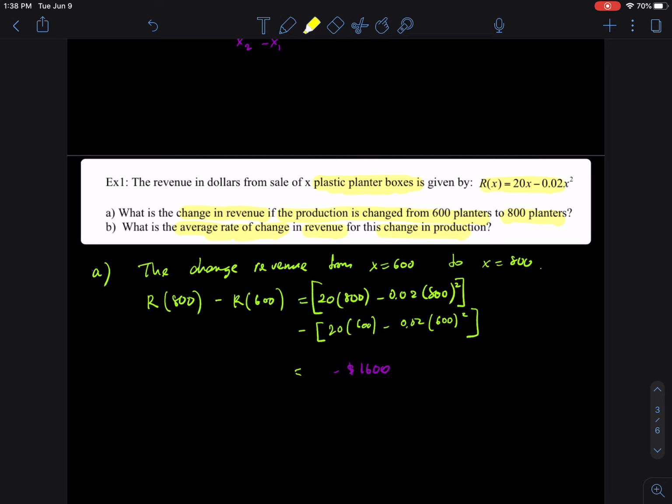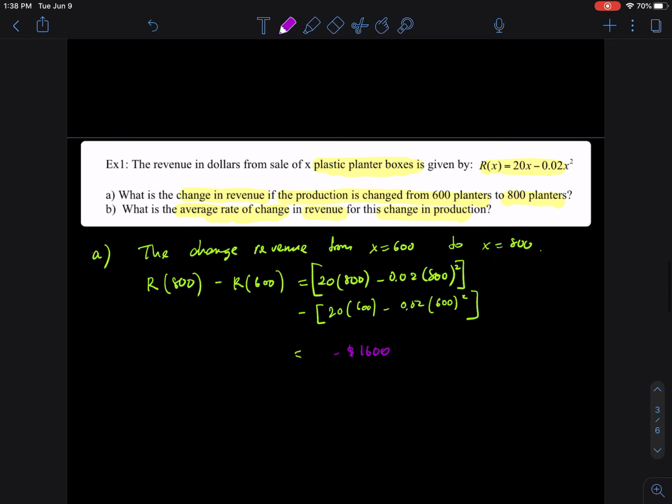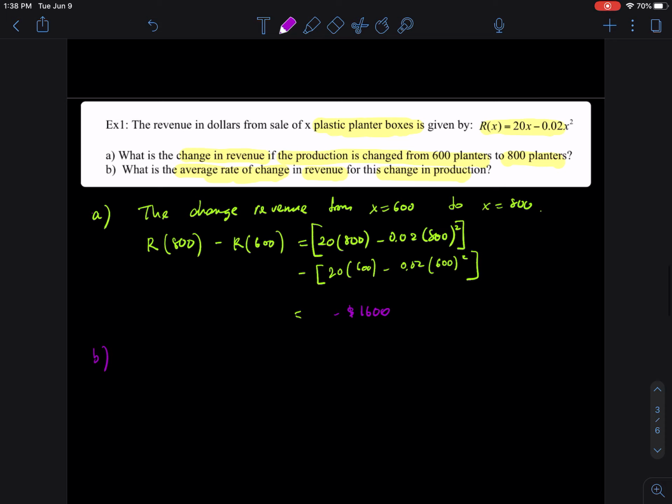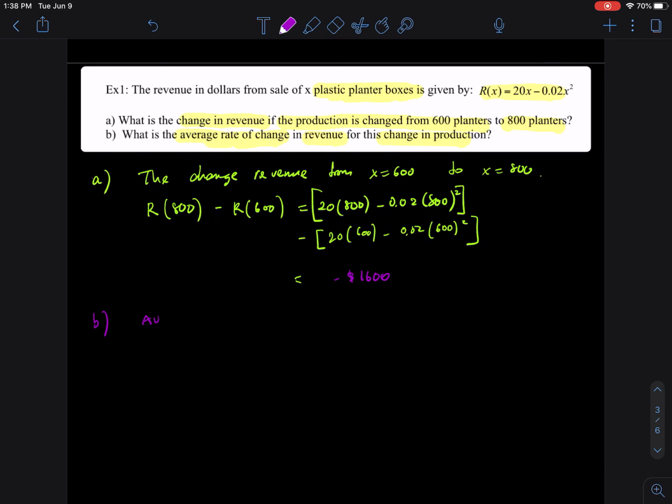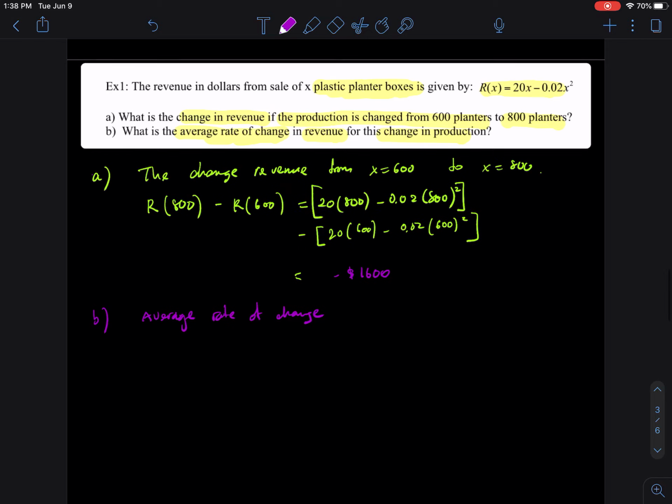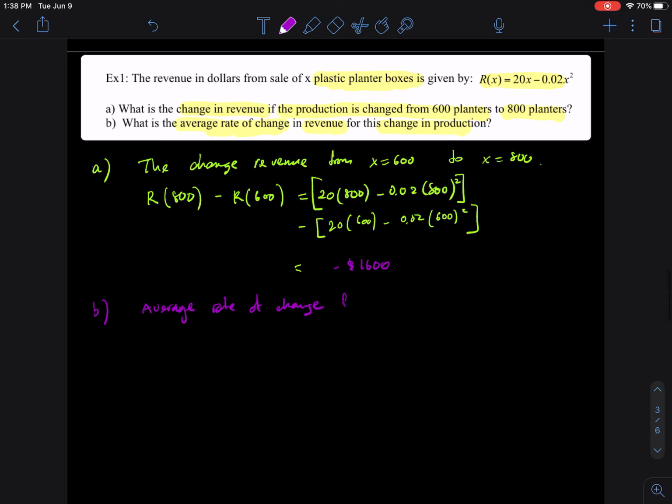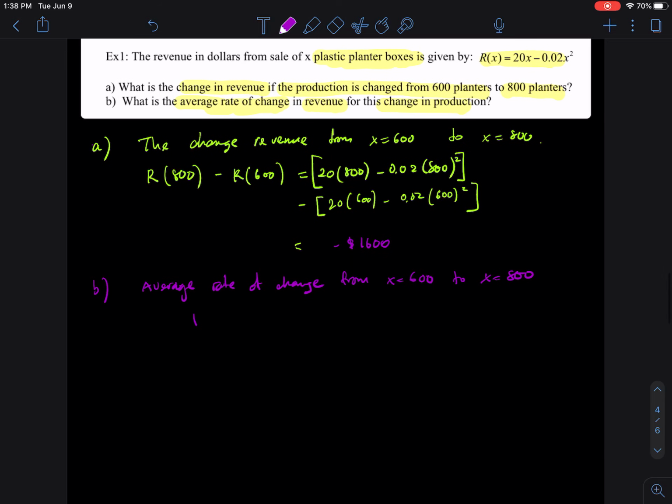So for B, the average rate of change from x equal to 600 to x equal to 800 is just taking the change in revenue divided by the change in production.